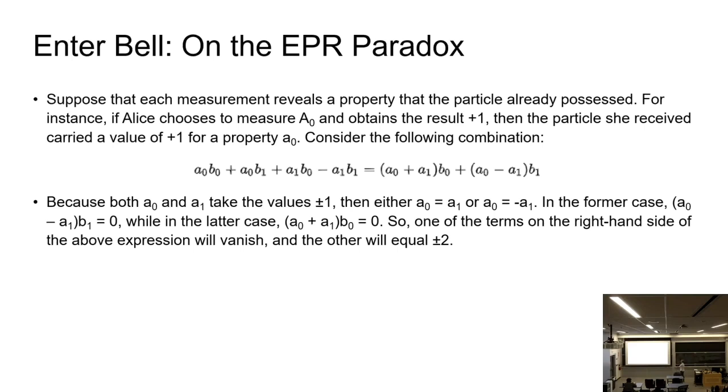And in the first case, the right-hand side of the expression up there, A0 minus A1 times B1, has to equal 0. And in the latter case, where A0 equals minus A1, then A0 plus A1 times B0 has to equal 0. So one of the terms in this expression goes to 0, and the other one goes to plus or minus 2.